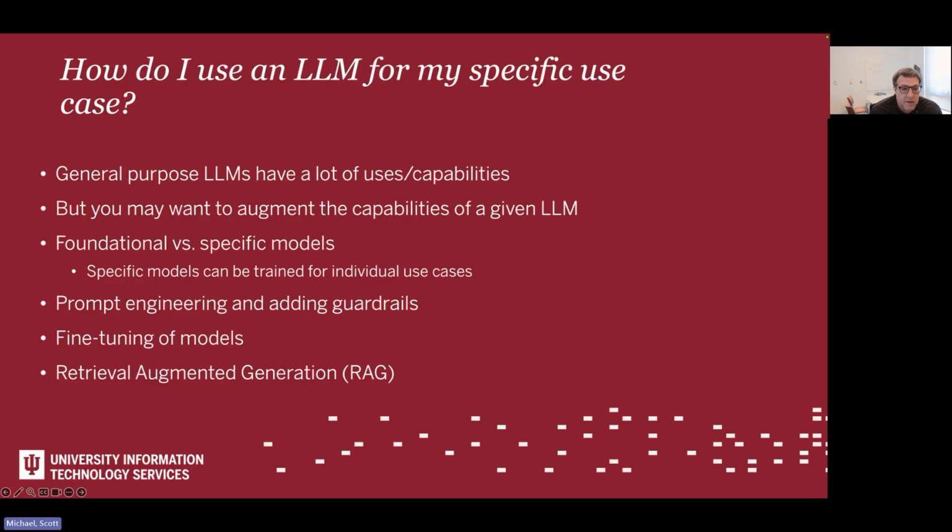But it is certainly possible. If you don't need that level of specificity, or if you don't have enough data to train a model from scratch, you can do a number of other things with already pre-existing models. For LLMs specifically, there is the whole idea of prompt engineering.